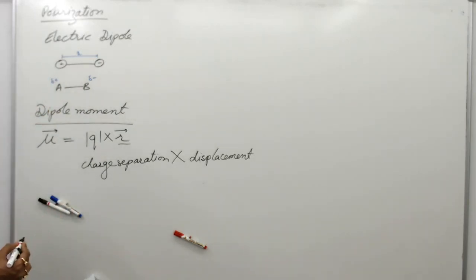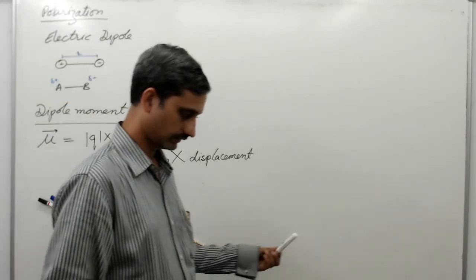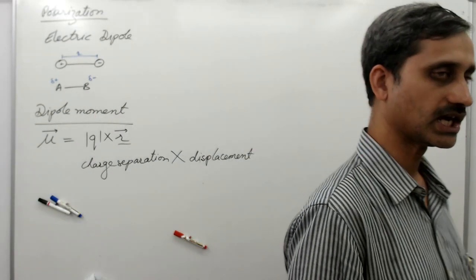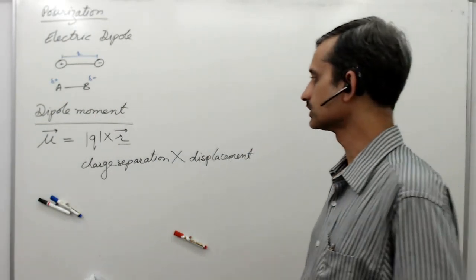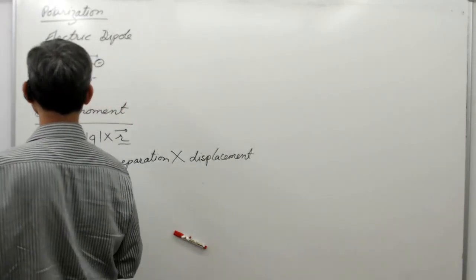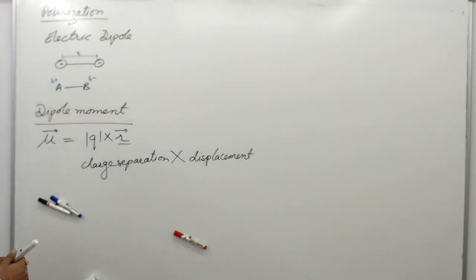Fine. Now, let us understand the direction of the dipole moment. If it's a vector quantity, I need to give it a direction as well. So when we understand what the direction of the dipole moment would be, I need to see where the charge is being displaced. In chemistry, we are going to talk about the displacement of the electron.